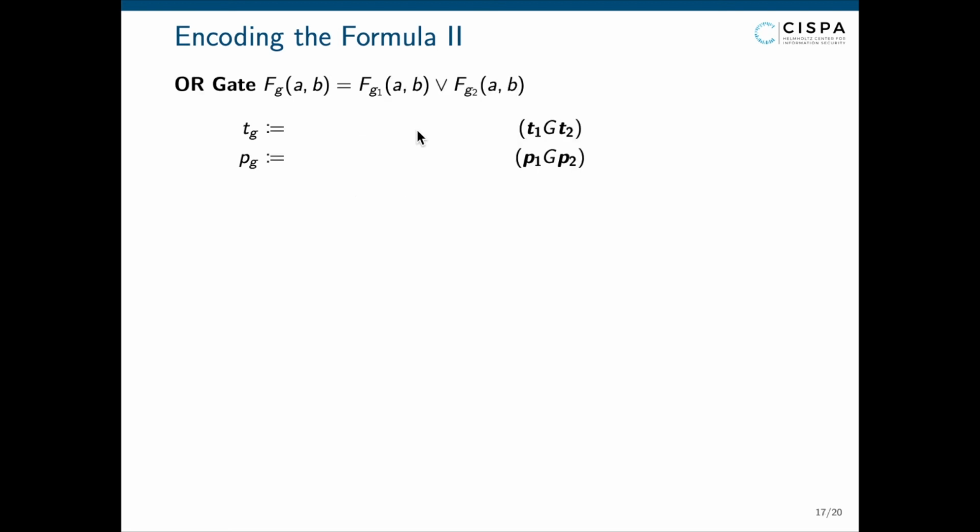Now we can move on to the OR gate, and for this we start in a similar fashion as for the AND gate. T1 has to be matched by P1, T2 has to be matched by P2, but actually as we have an OR gate, it can happen that one subformula is not satisfied. So we have to modify our pattern such that we can choose between two alignments.